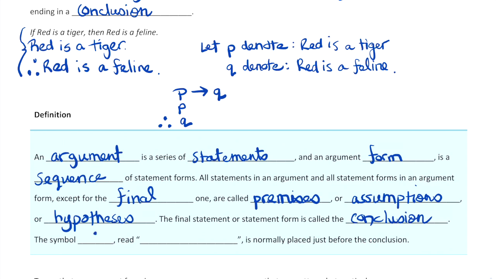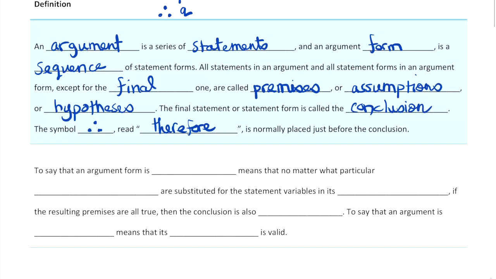The symbol, this kind of triangle of dots, is read therefore, and is normally placed just before the conclusion. But sometimes there are many conclusions until the final one, so you may see it more than once in your work.